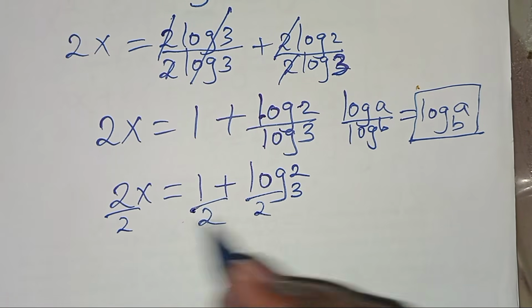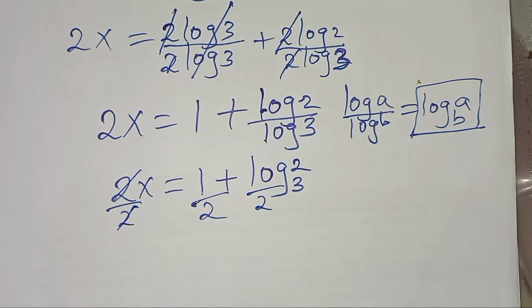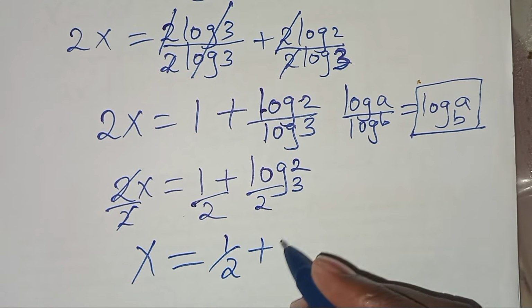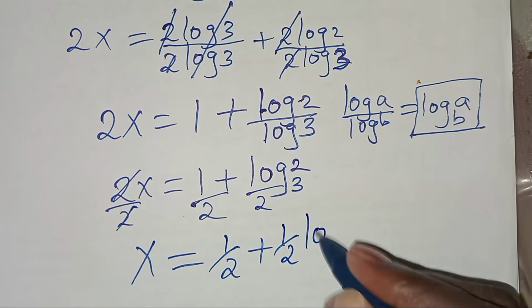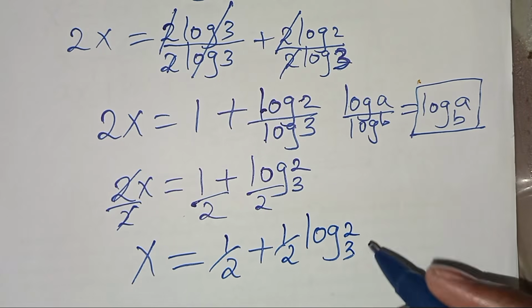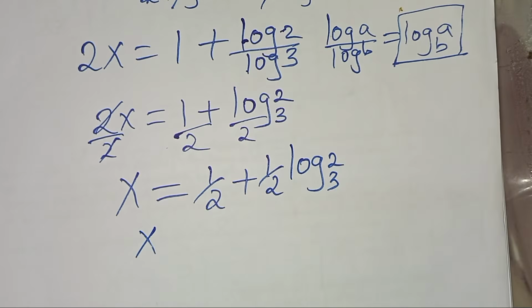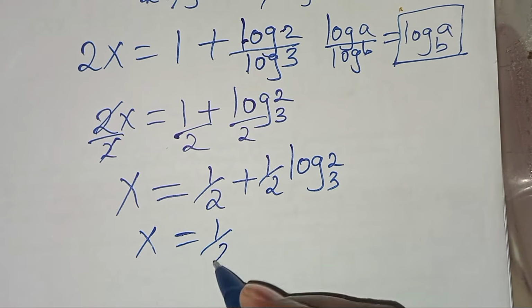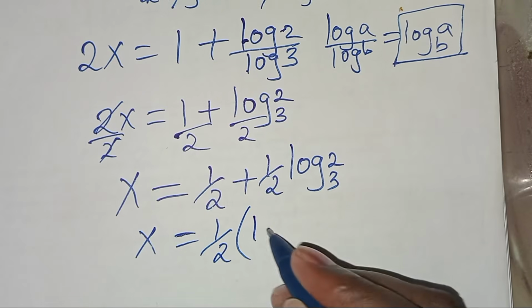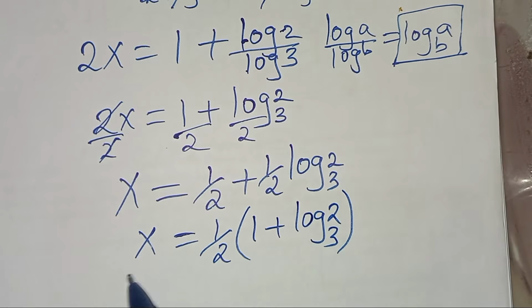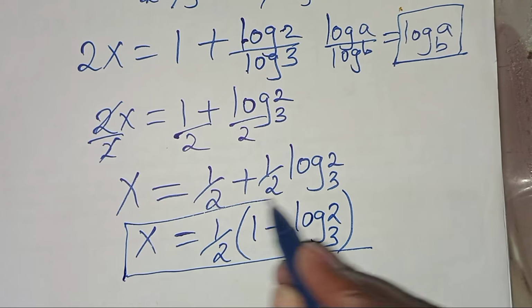Okay, so that here the value of x is equal to half plus half log 2 to base 3. Okay, so since a half is common, we can express x as half into the parentheses 1 plus log 2 to base 3. Now this is the value of x.